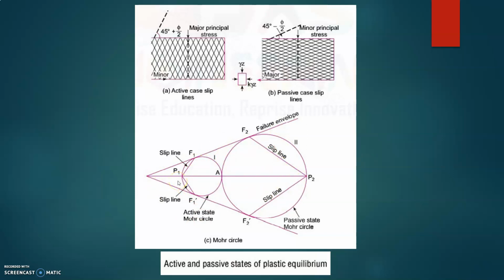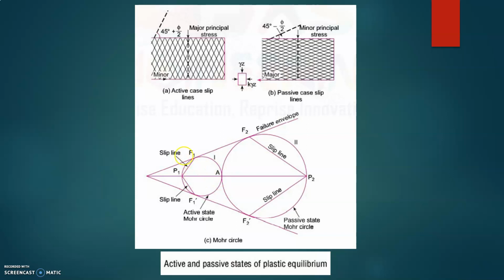In an active state, the major principal stress sigma 1 is vertical and the minor principal stress sigma 3 is horizontal. Circle 1 represents such a state, in which the pole P1 corresponds to the minor principal stress, that is the horizontal stress or lateral pressure, while point A corresponds to the major principal stress.